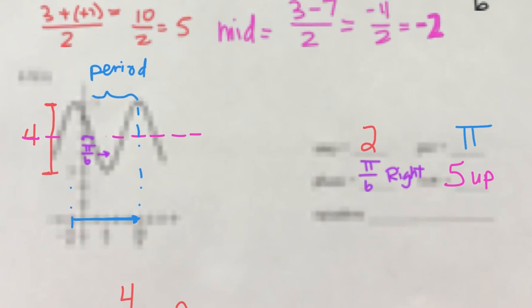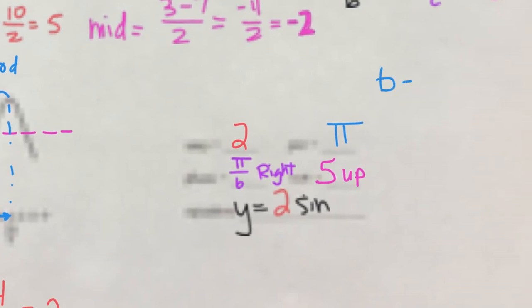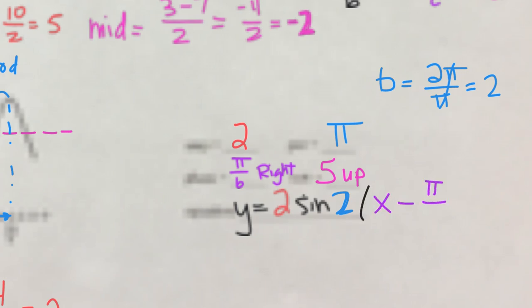So our equation: y equals amplitude of 2, and we're calling this a sine graph for fun. The b value for your equation is 2 pi divided by the period. So this has a b value of 2. Then your phase shift, if it goes to the right, means we have a minus in your parentheses.